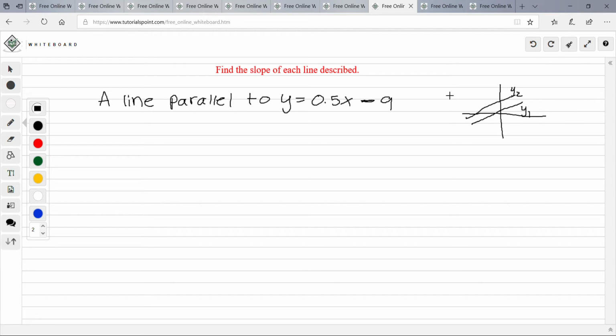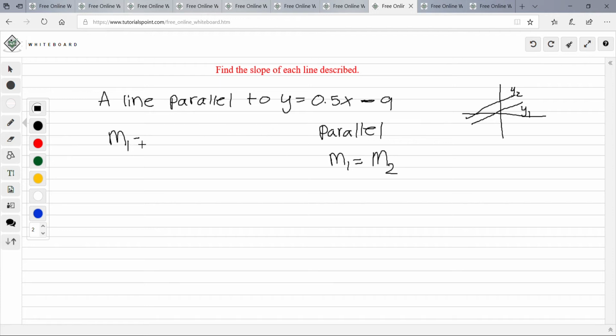So when something's parallel, their slope must be the same. That's just the rule for parallel. So when something's parallel, their slope m1 must equal the other slope, m2. So m1 equals m2.